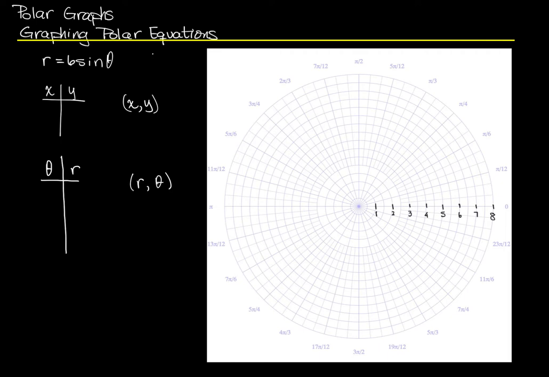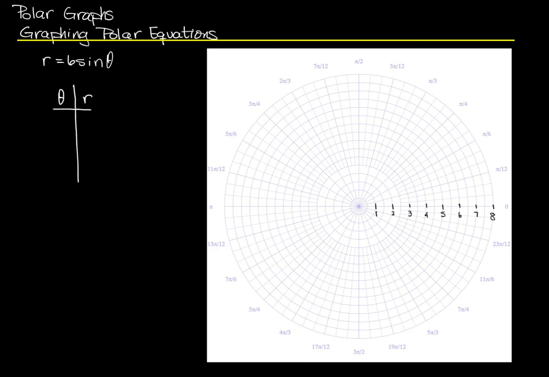So let's pick some theta values and see what happens to r as we do that. I'll start by putting my chart up here, and then I'm going to pick values of theta that I know are easy to take the sine of, because I have to do these computations. Every time I pick a theta value, I'm going to plug that number in there, take its sine, and then multiply the result by 6.